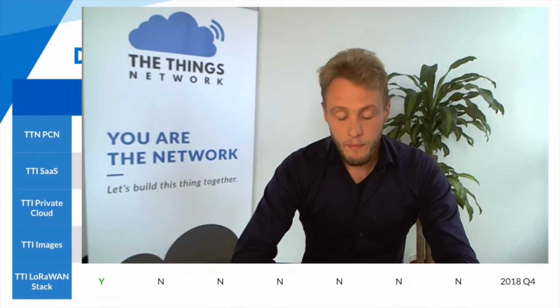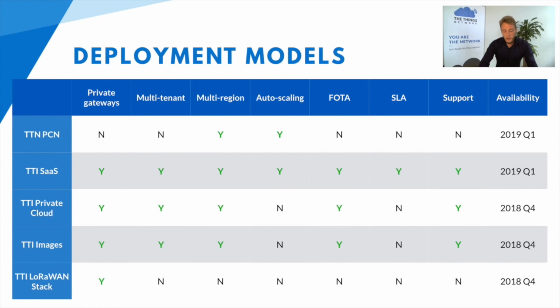So let's look at an overview of the different deployment models and the functionality. Private gateways means gateways that are connected to a particular private network. Multi-tenant means that you can separate applications, users, and gateways on the same infrastructure.